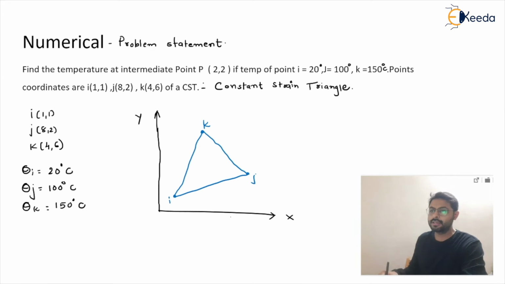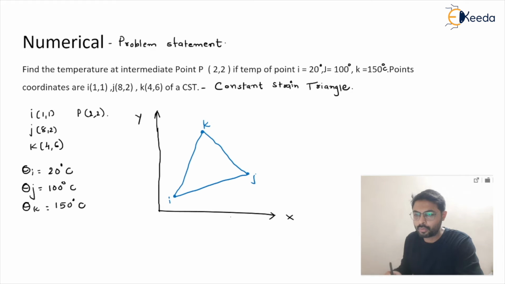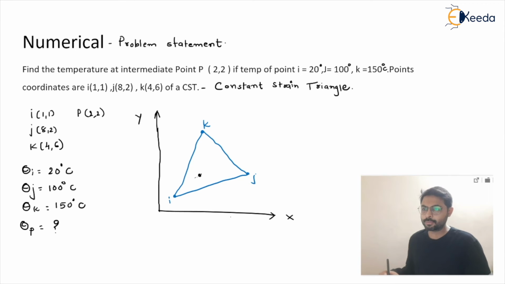Now we need to find the temperature of point P. So first let's define where is point P. It is given point P is at 2, 2. So it is somewhere around here. So this is my point P 2, 2. At this point we need to find the temperature. So this is the data given in the constant strain triangle, and we need to find the temperature at this point.